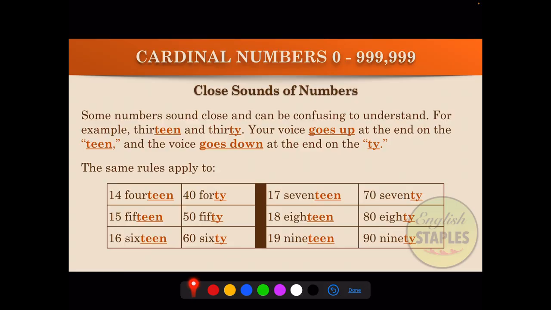Your voice goes up at the end on the teen, and your voice goes down at the end on the T. So it's like 13, your voice goes up, and then 30, your voice comes down.